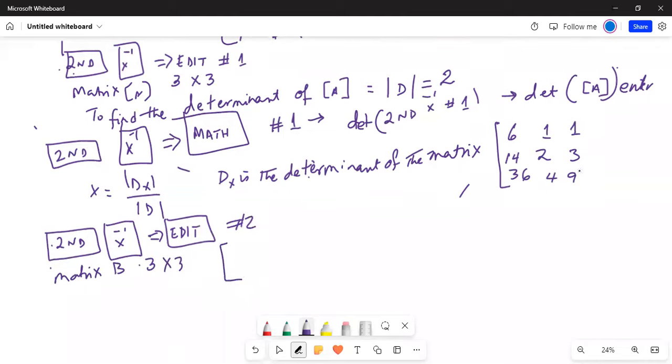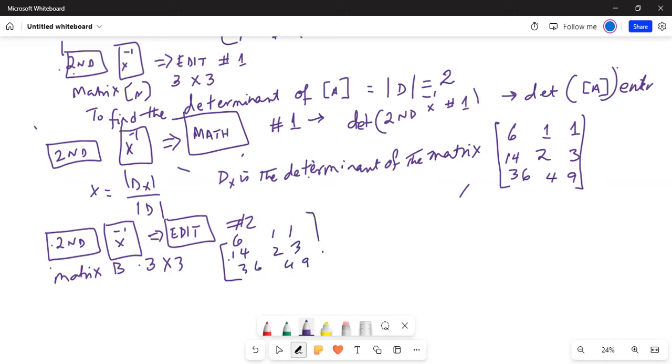I forgot to draw a matrix line over here. There should be a matrix line. So that is the matrix you're going to enter in matrix B, which will be 6, 1, 1, 14, 2, 3, and 36, 4, 9.